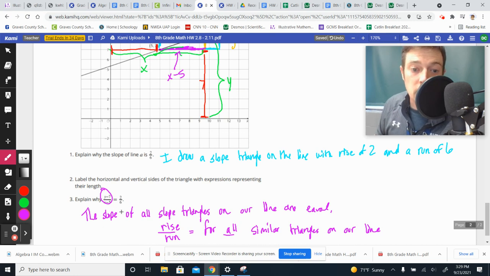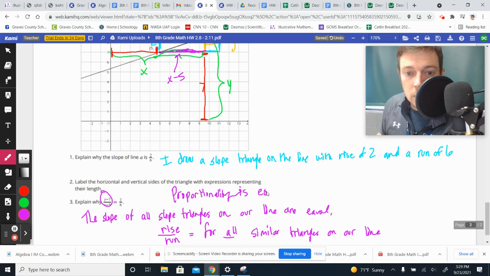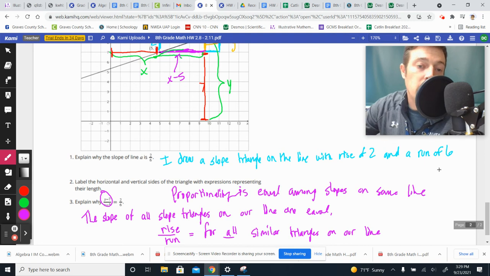That would be another thing that you could say. You could talk about proportionality. Proportionality is equal among slopes on the same line. And all this has to do with the fact that these are all on the same line as one another, and that's why we can do that. And that's your cool down help.